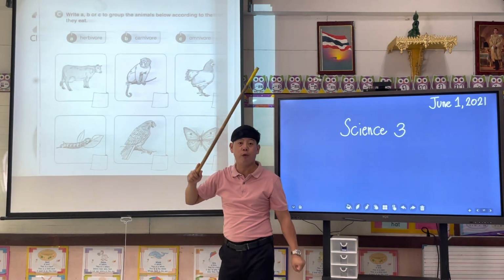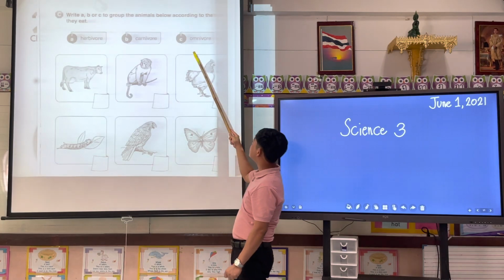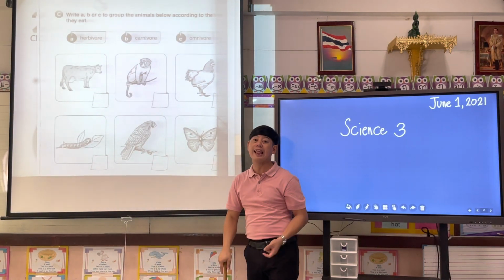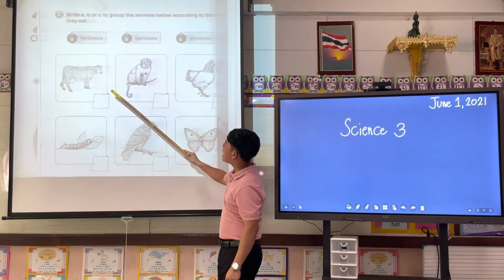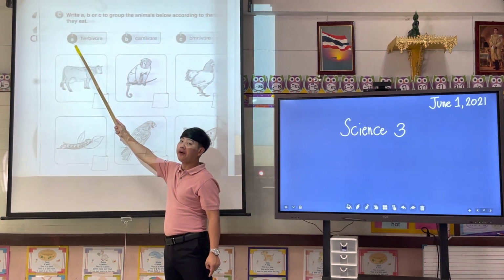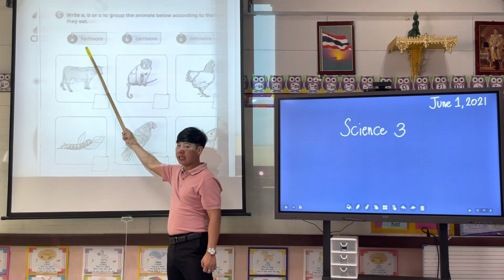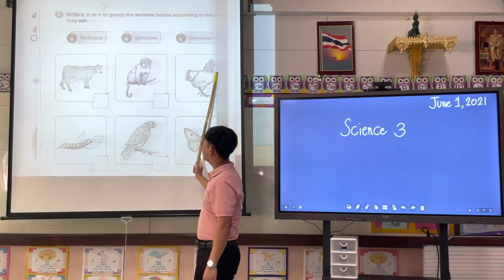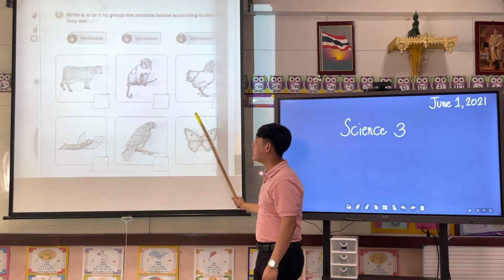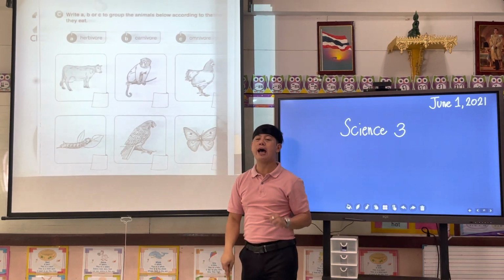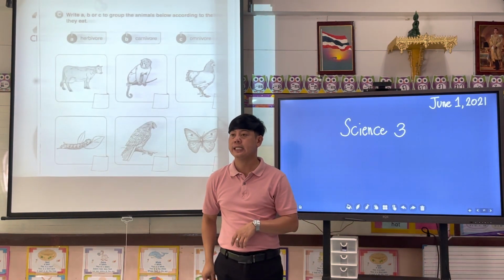B means carnivore, animals that eat meat. C means omnivore, animals that eat both plants and meat. You need to write only the letter, not the word. After that, color it. Do you understand? Okay, homework, page 5 and page 6.